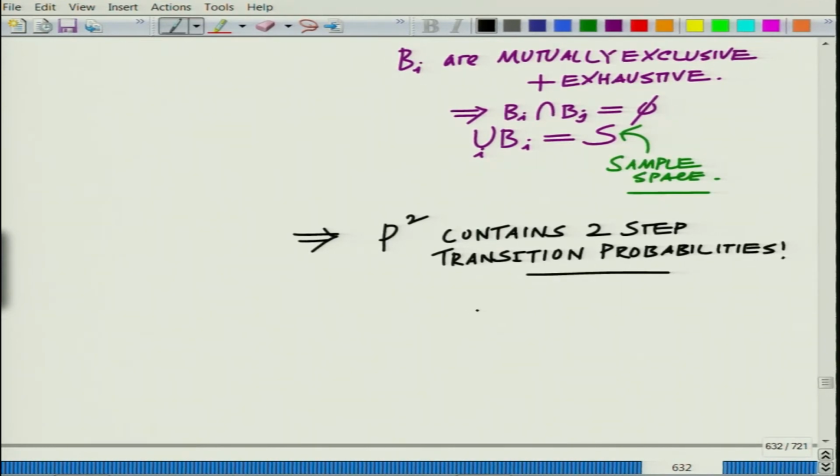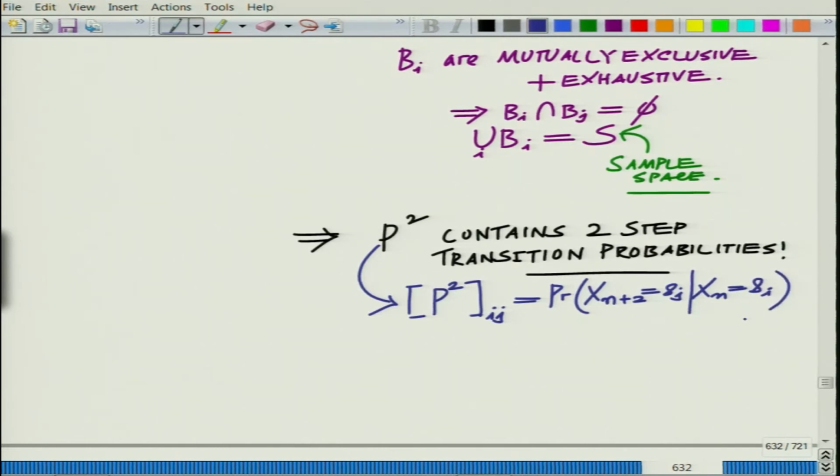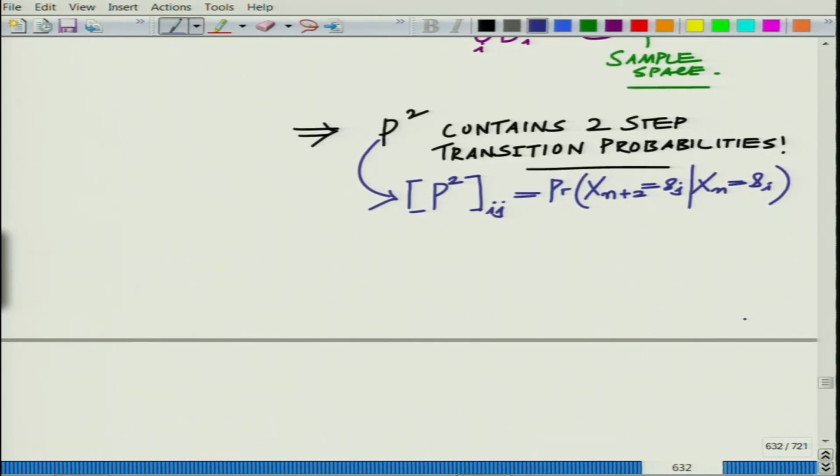P square contains the two-step transition probabilities, and that is what we mean by that: if you look at P square of ij, this will be equal to the probability, as we already said, that xn plus 2 equals Sj given xn equals Si. Okay.